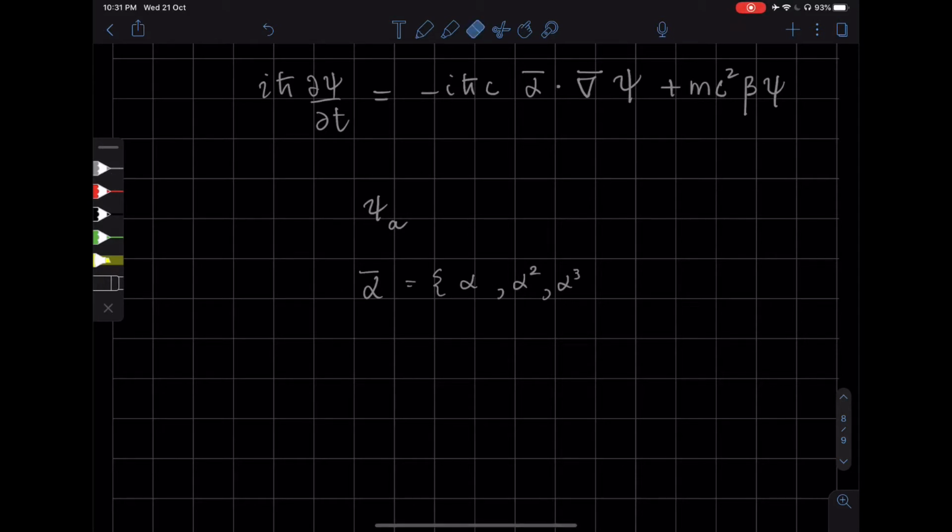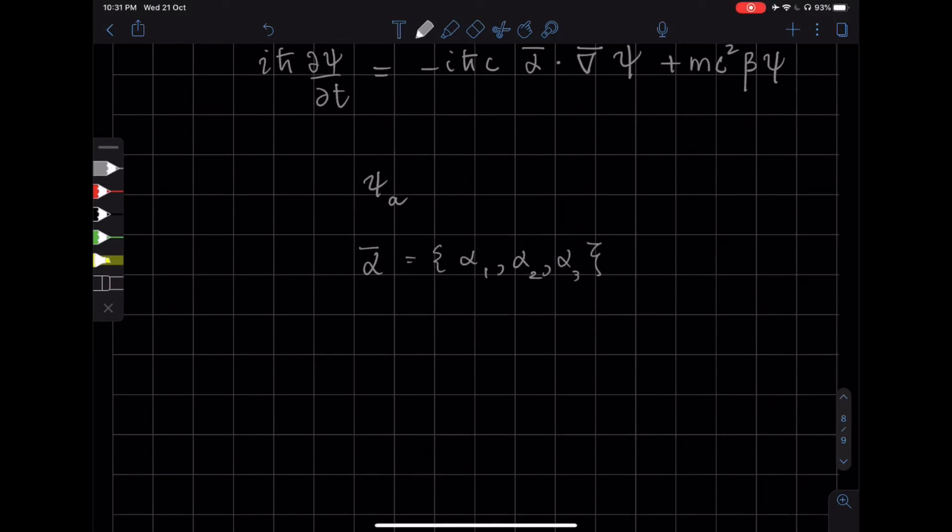And alpha acting on the wave function is again a column matrix, and this is given by alpha BC acting on psi C.